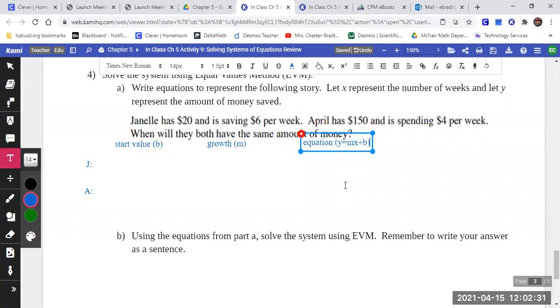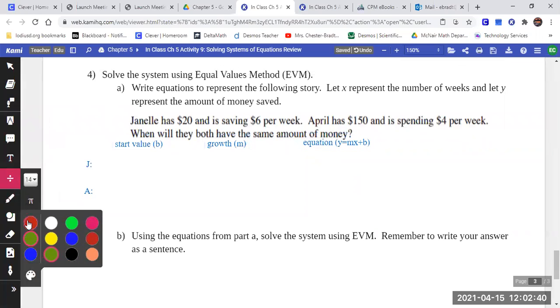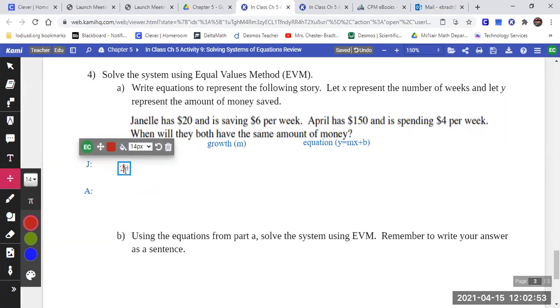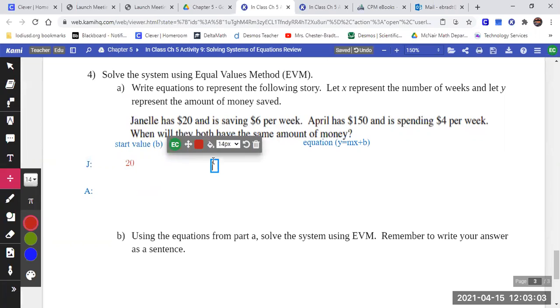Okay, so now that we've got our little table set up, we're going to pull information out of the story onto the table to create the equations. So according to the story, what was Janelle's start value? $20. Janelle has $20. Must be where she started, right? According to the story, how much is Janelle going to make her money grow?